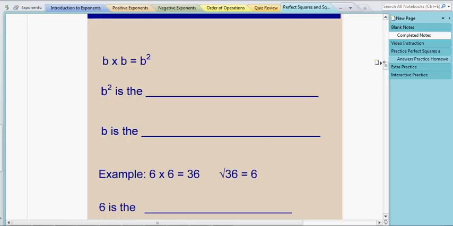So if we look at this algebraically, b times b equals b squared. For example, 6 times 6 equals 6 squared, or 6 times 6 equals 36. B squared, therefore, is the perfect square. And b is the square root.